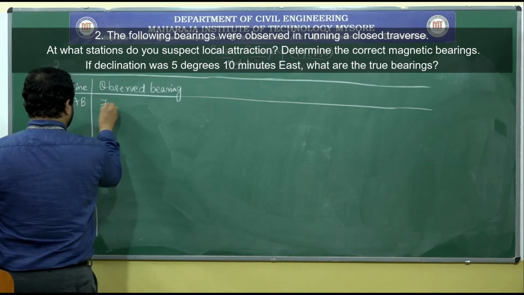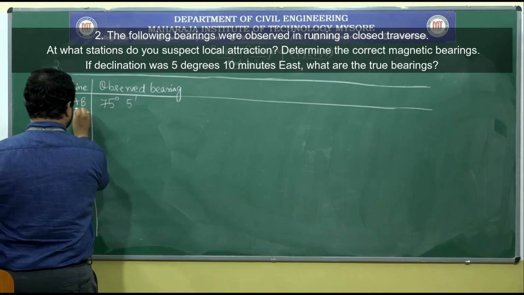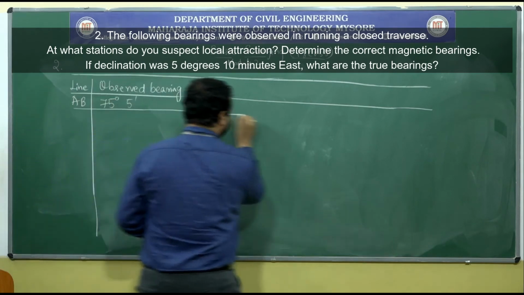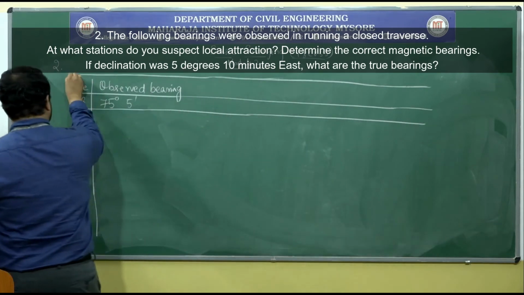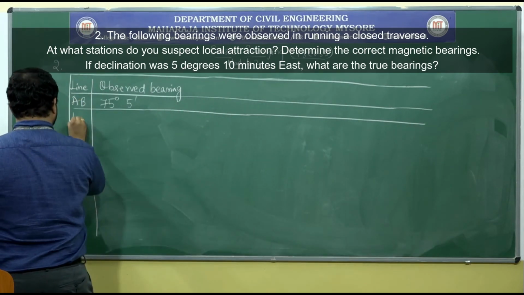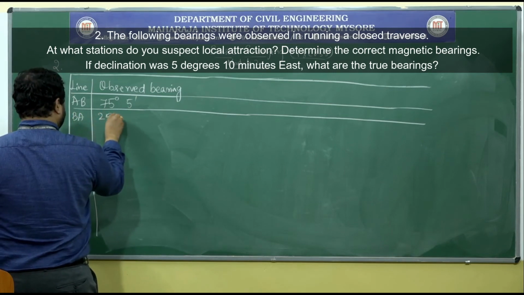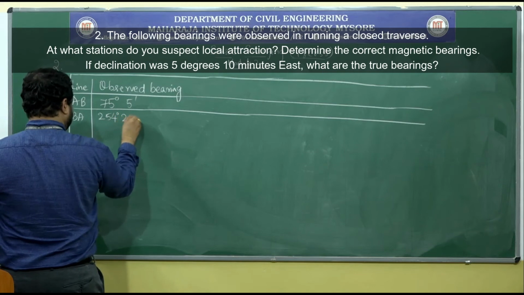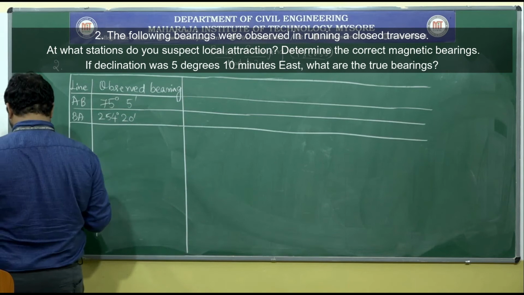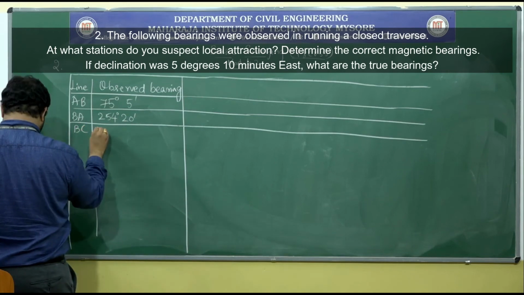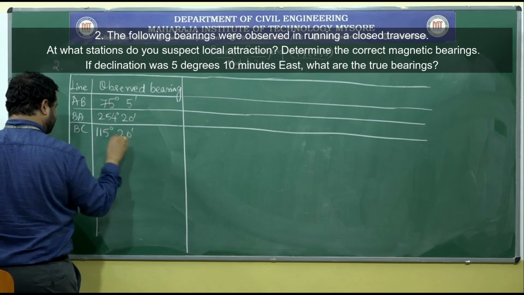Line AB, forebearing of line AB is 75 degrees 5 minutes. Line BA is nothing but back bearing, 254 degrees 20 minutes. Next, forebearing of line BC, 115 degrees 20 minutes.